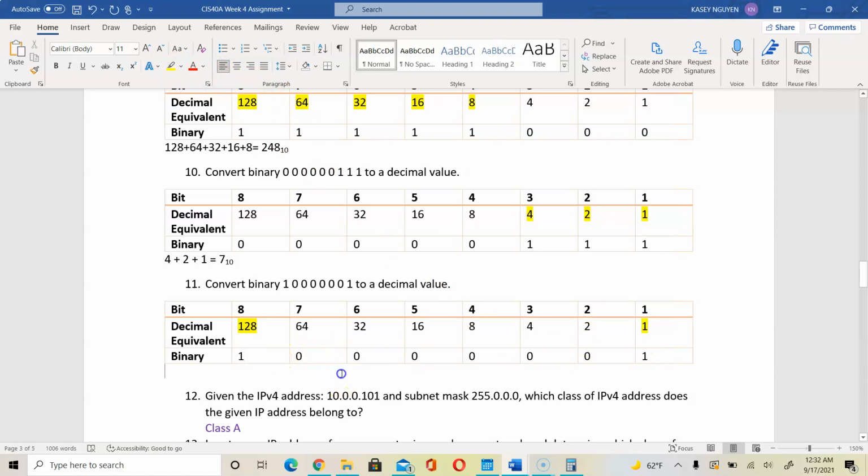So we're going to add 128 plus 1, which gives you 129. So this binary value is equivalent to 129 decimal.